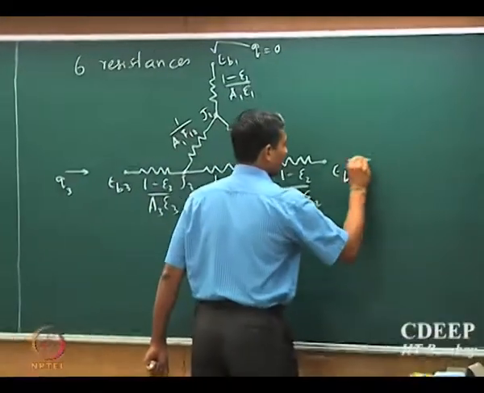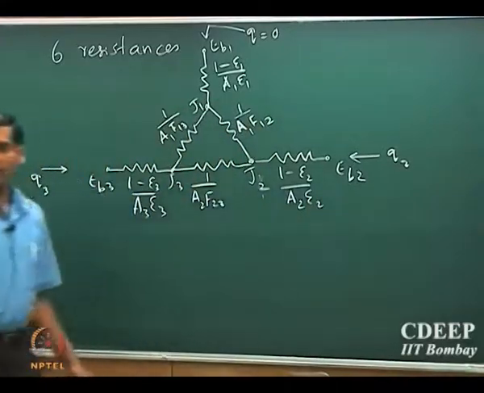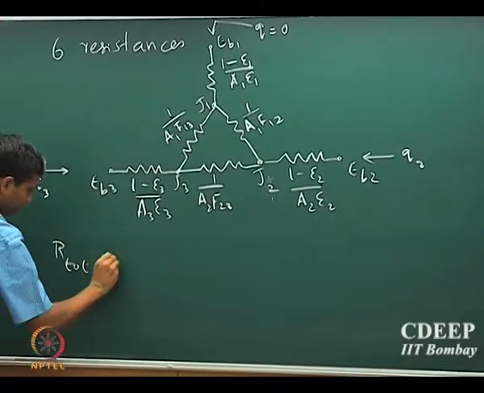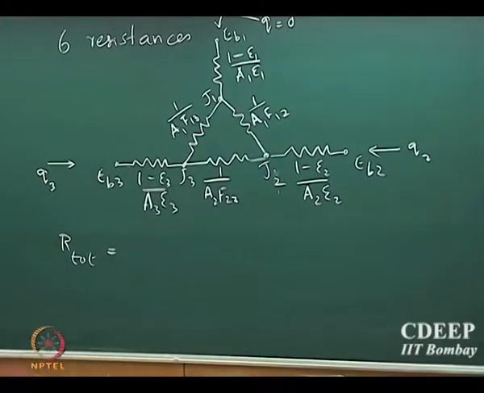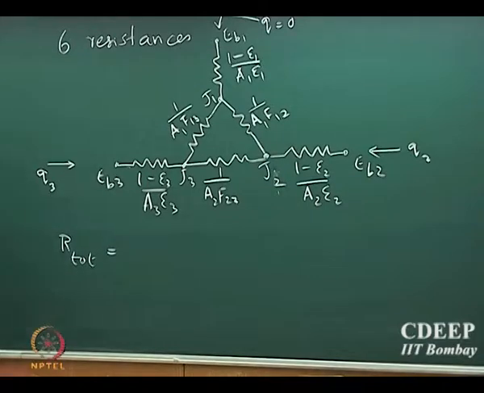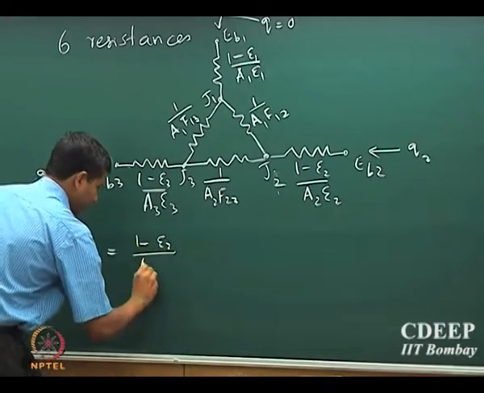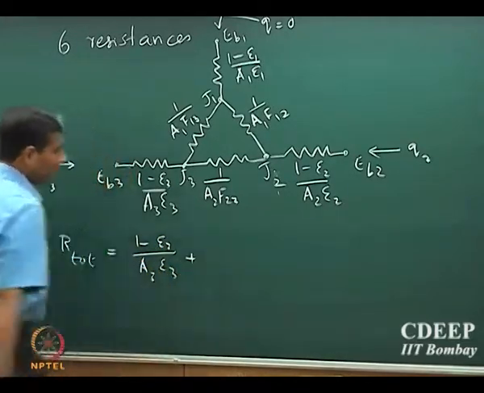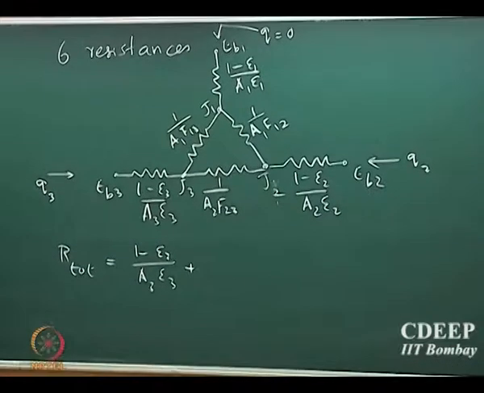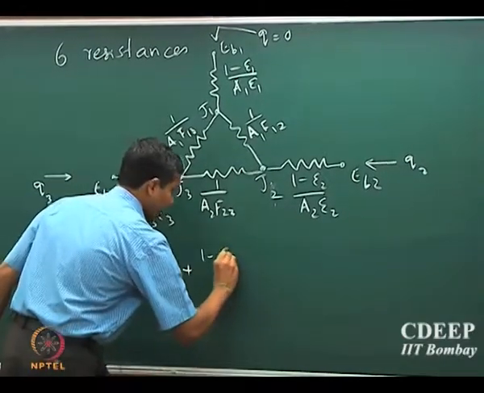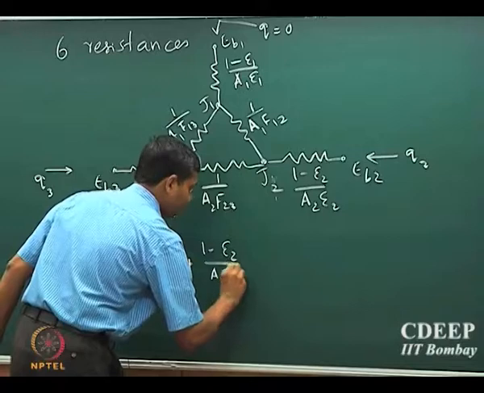Q3 is the amount of heat that is supplied to surface 3. So, what is the total resistance? It will be 1 minus epsilon 3 by A3 epsilon 3 plus, of course, 1 minus epsilon 2 by A2 epsilon 2.